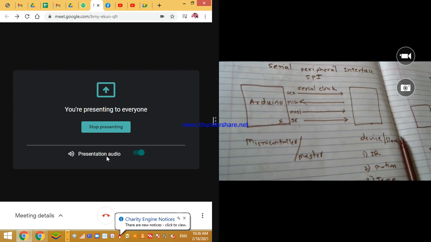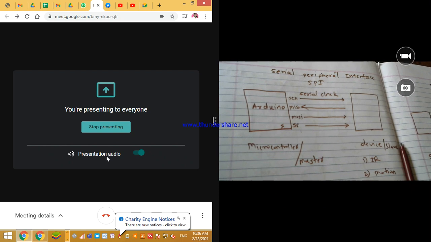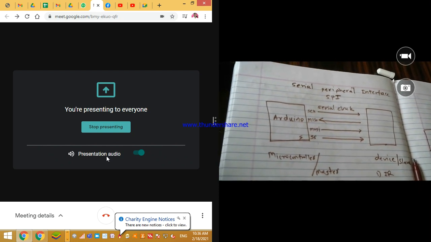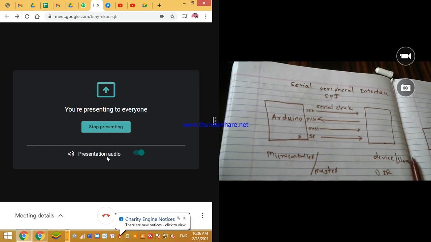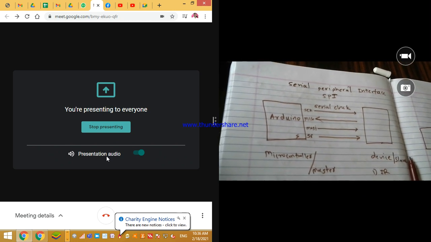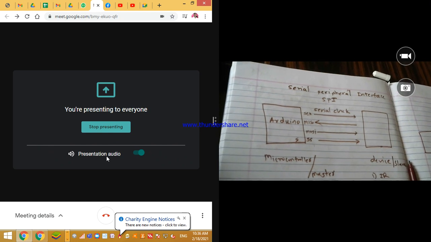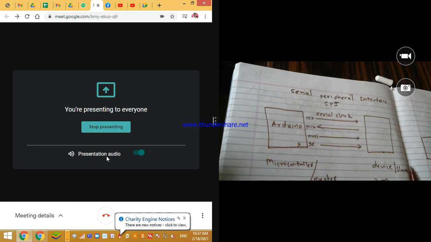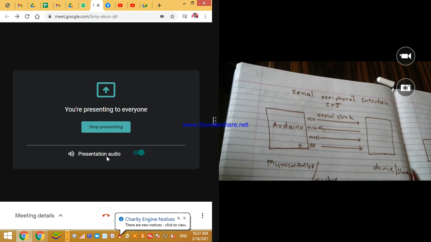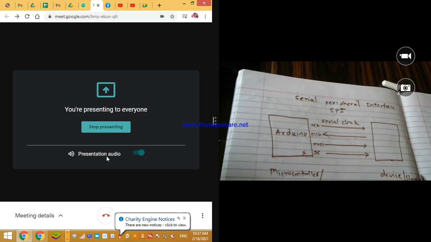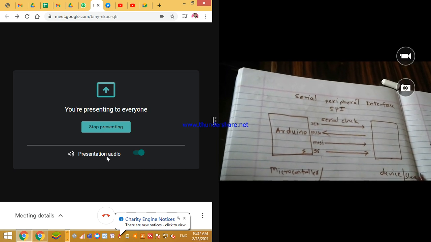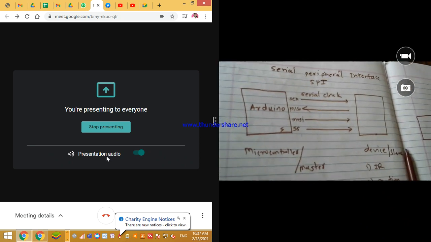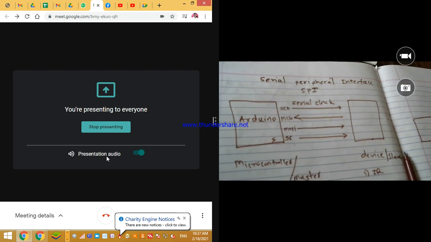So what you have seen over here is a diagram having two blocks, one block for the master device and another block for the slave device. Through the master we send the clock signal, and that line is nothing but SCK.